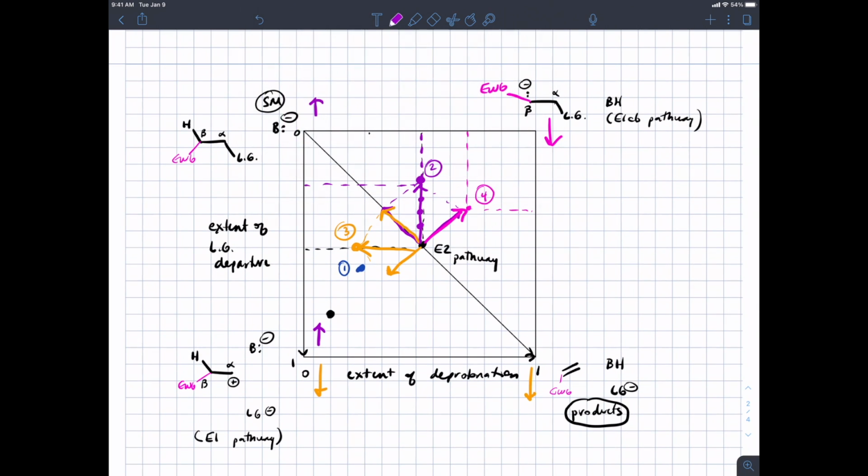If we apply the same sorts of reasoning here, the transition state does get more E2-like because the extent of leaving group departure decreases. So what I told you was true from a certain point of view. These changes describe changes relative to a starting point, wherever that was. All right, what else?